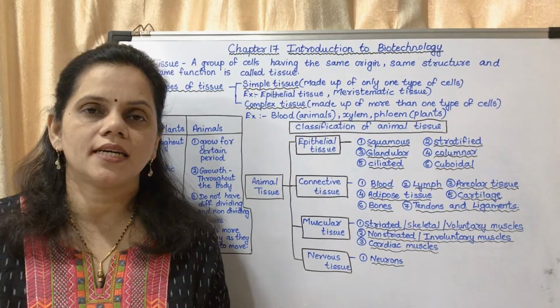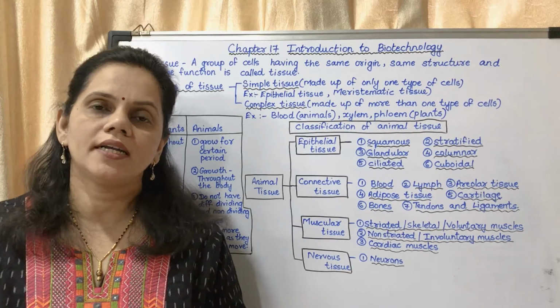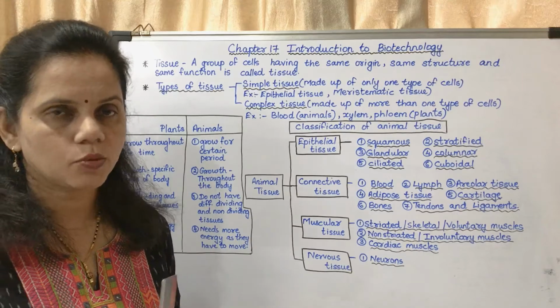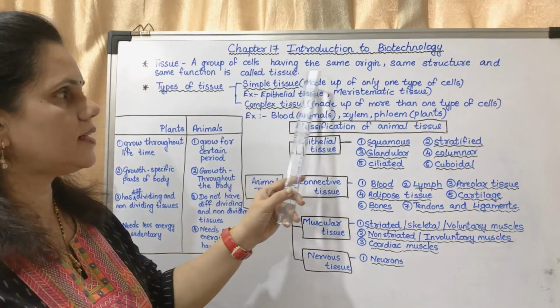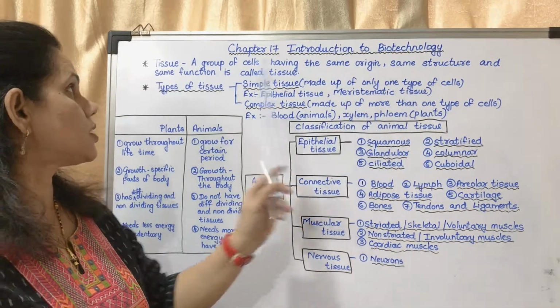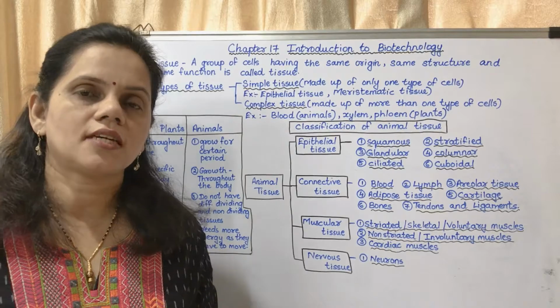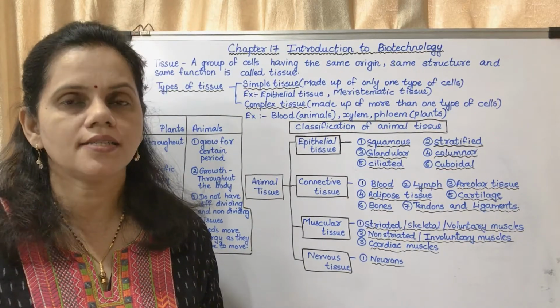Now what is a tissue? Tissue is made up of a number of cells. I have written the definition given in the textbook here. A group of cells having the same origin, same structure and same function is called a tissue. So the structural and functional unit of life is a cell.